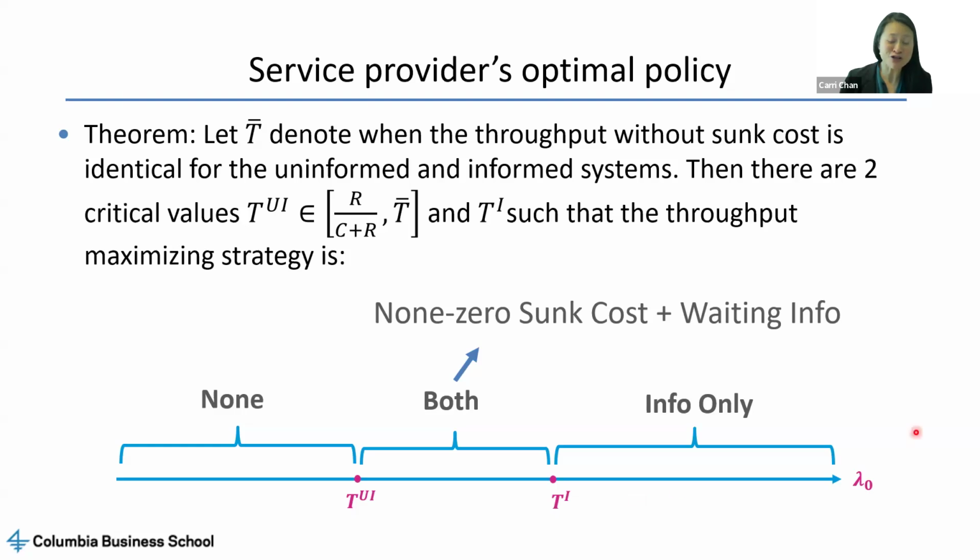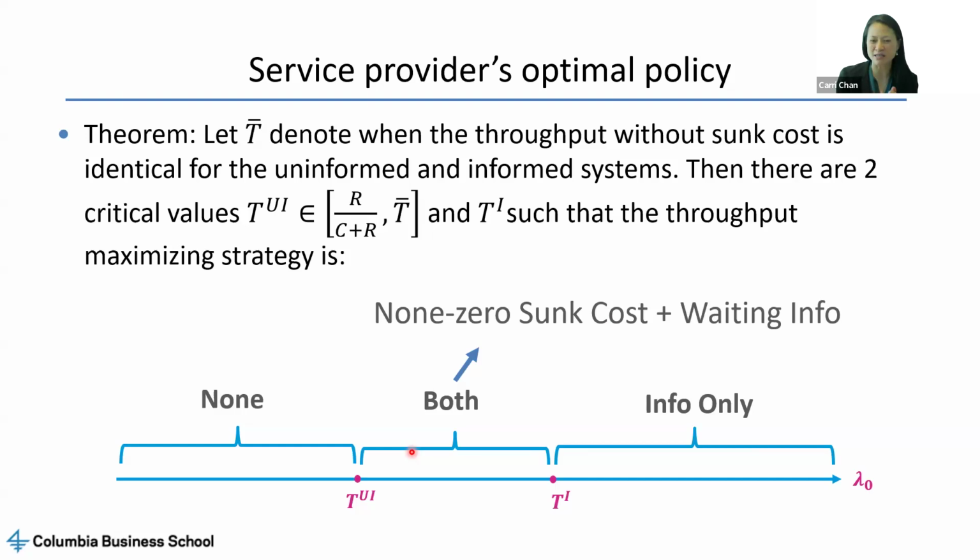And the good news is that actually there is a region where you do want to have a sunk cost. Otherwise, we'd spend all this time analyzing a model for no reason. So there is a region where it's actually optimal to both have a non-zero sunk cost and provide waiting time information.